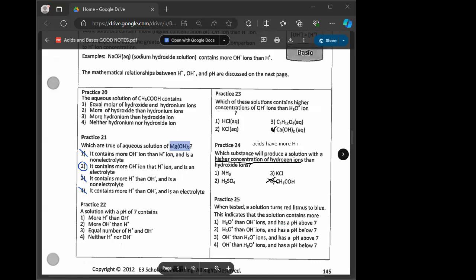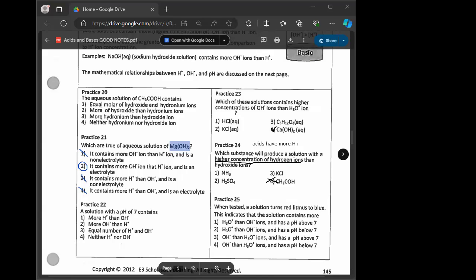How do we identify acids? By the ions? Well, both acids and bases produce ions.